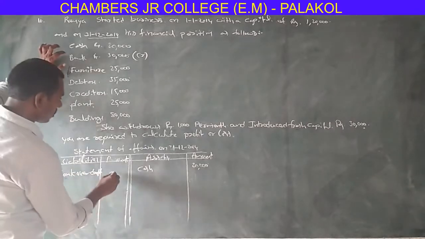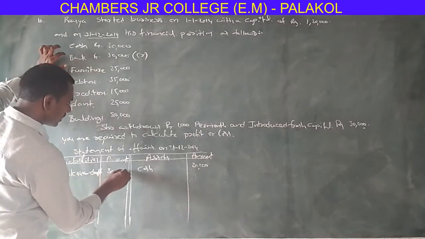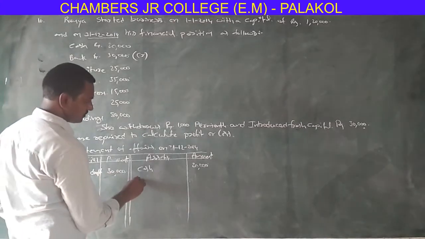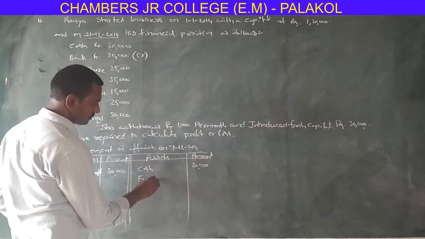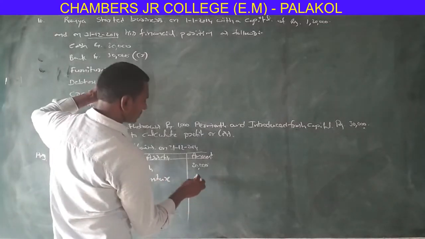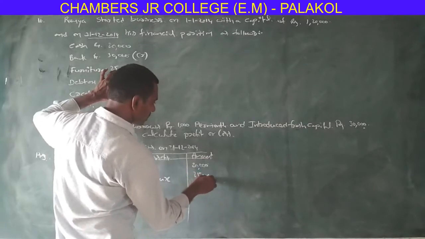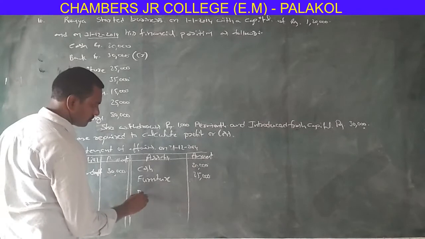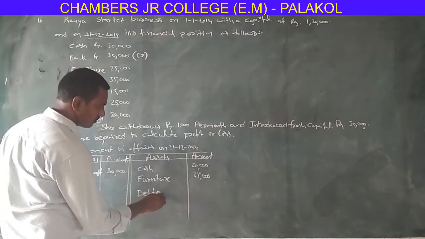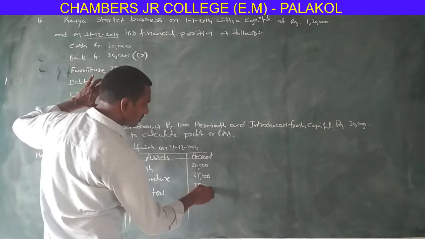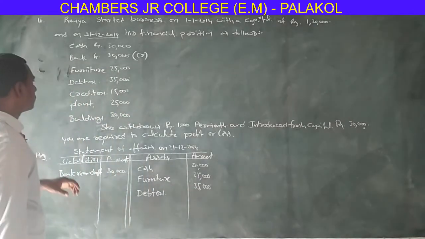Bank overdraft, rupees 30,000. Next, furniture. Furniture is an asset, taken into the asset side, rupees 25,000. And debtors. Debtors also asset, rupees 35,000.